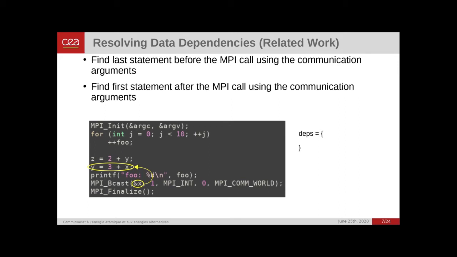So it cannot end up inside the communication interval, the overlapping interval, because we would end up with a race condition on that y value. This is why it is added to the list of dependencies of the communications.